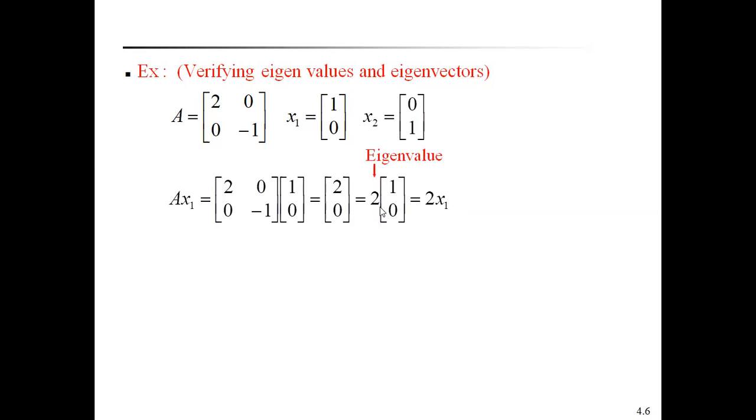Therefore, 2 is called the eigenvalue. This x1, 1, 0, is called the eigenvector. This is the way to represent Ax1 equal to 2x1. Therefore, 2 is the eigenvalue, and the x1 vector, 1, 0, is the eigenvector.